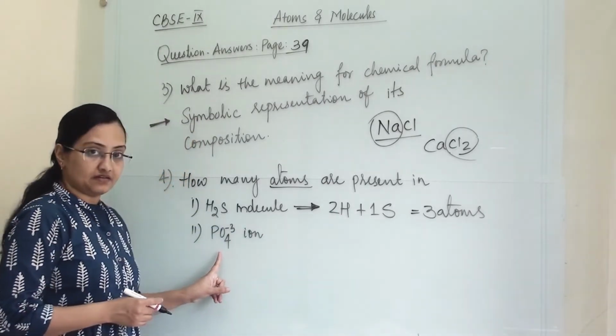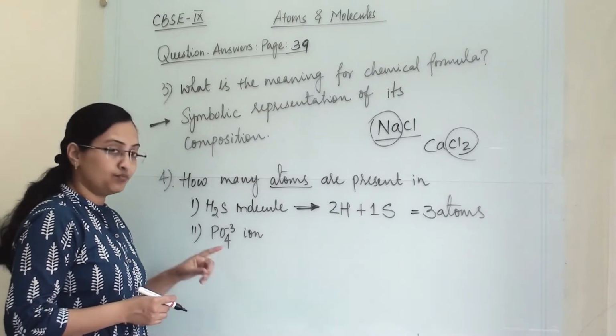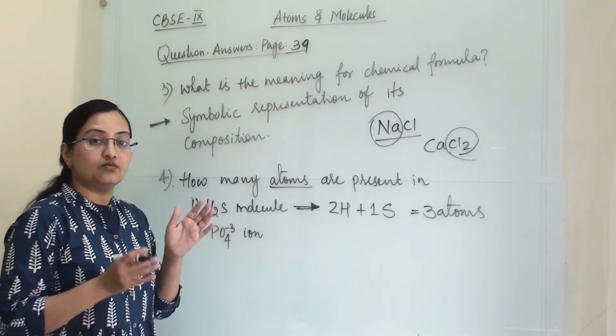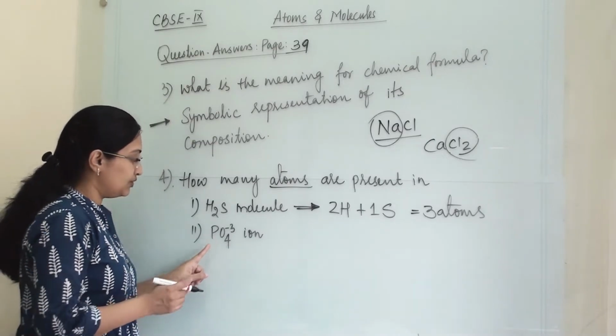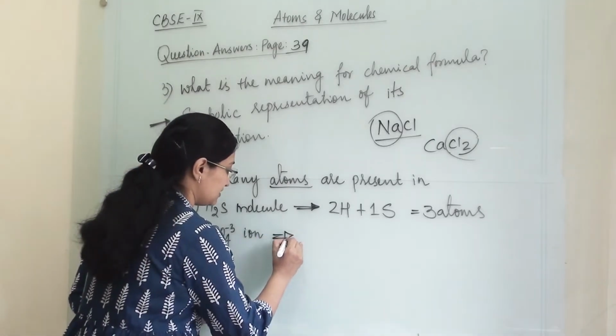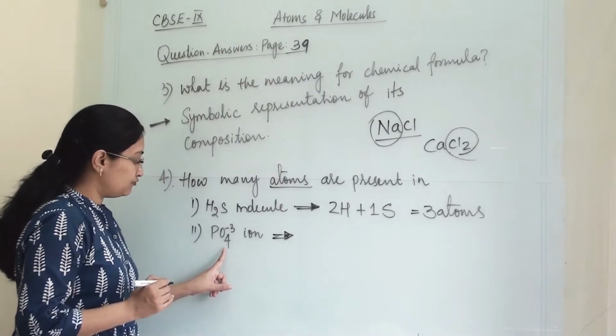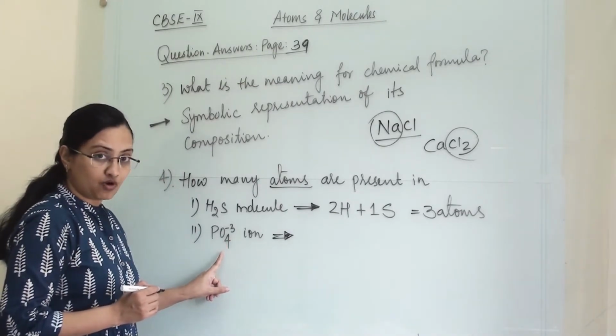Then this ion is a polyatomic ion. Polyatomic means it is an ion of more than 1 atom. So the polyatomic ion is PO4 minus 3. This is the phosphate ion.